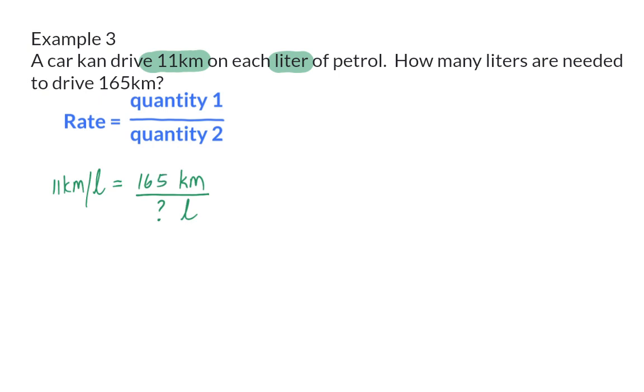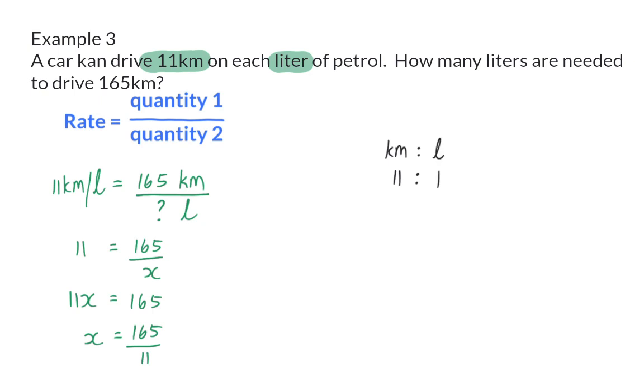If you are familiar with solving an equation like this using algebra, you can use algebra to solve the number of liters, or you can choose to rewrite it in ratio form again. We have 11 kilometers per liter as our simplified rate. Next, we are given 165 kilometers and we want to determine the number of liters.